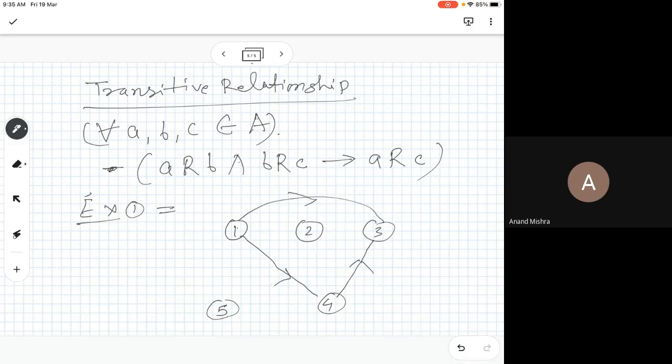Similarly, if 1 is related to 5 and 5 is related to 2, that implies 1 is related to 2. If that happens, you can say that this is a transitive relation.